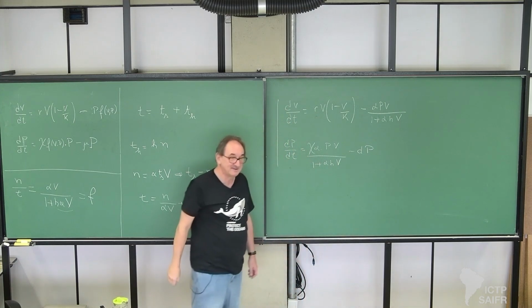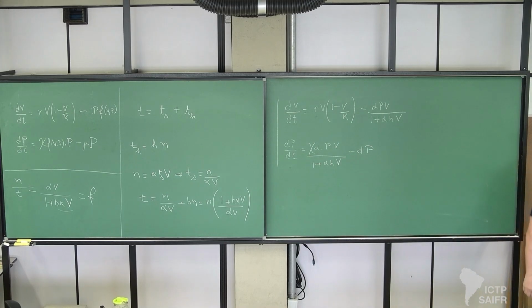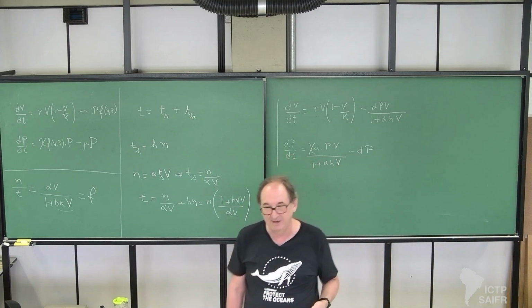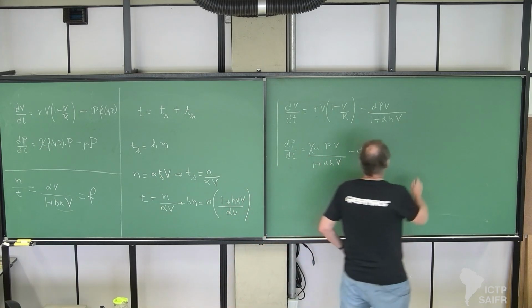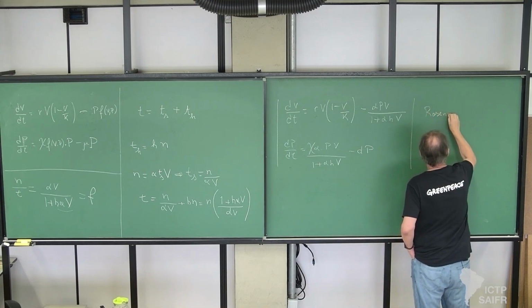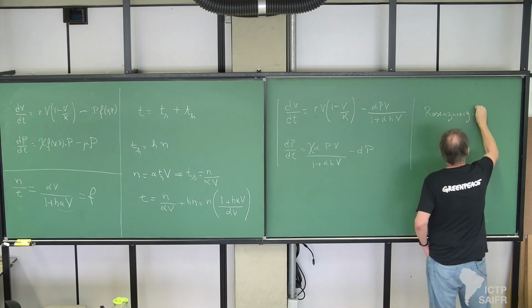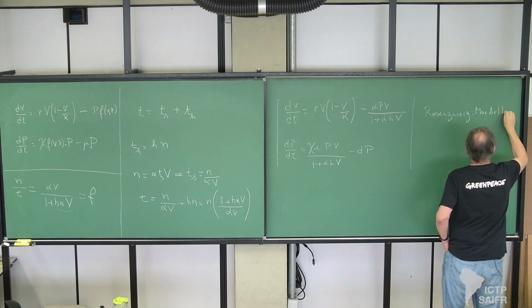So this is a modification of the Lotka-Volterra equation, including handling time and carrying capacity for the prey. Okay? So this system is called the Rosenzweig-MacArthur equation.